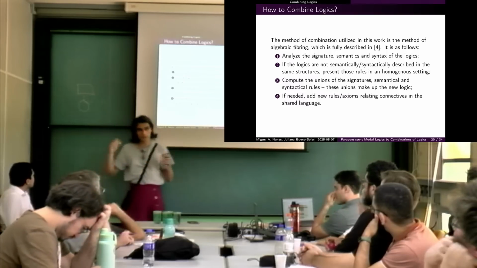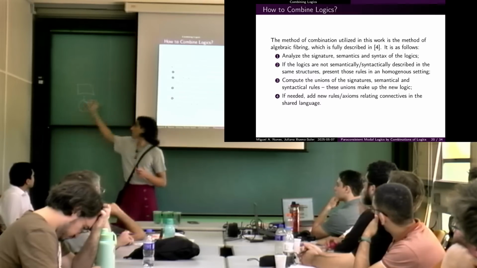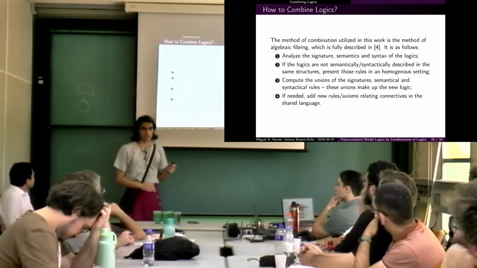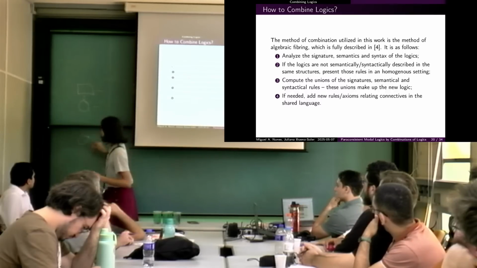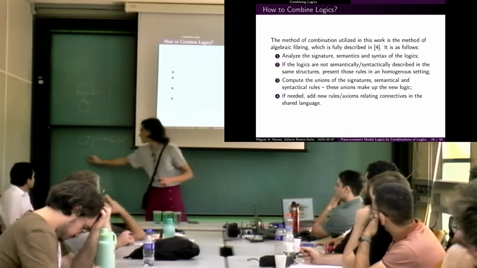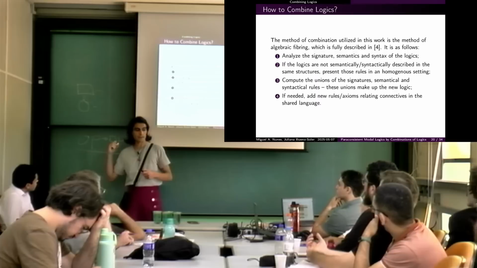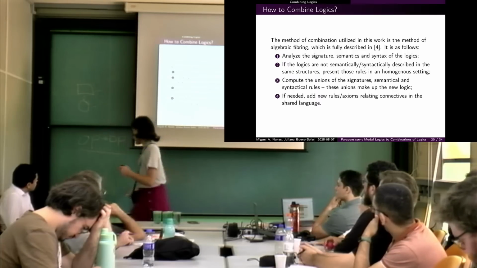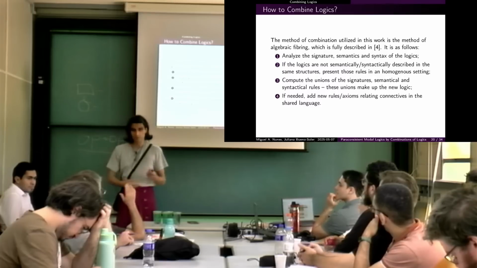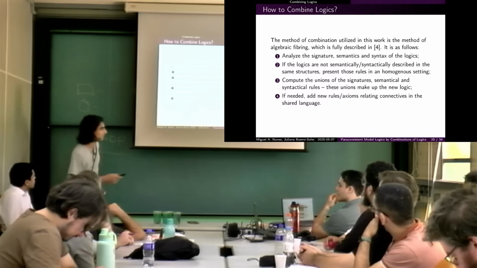There will simply be two connectives in the language, with all axioms for each. But if I want an axiom that relates the two, say, if P is consistent, then it is necessary, I need to add this to my axiomatization and add any corresponding semantic rule to the semantics of the logic. That's what we call a bridge axiom. Precisely, this will be called a bridge principle or a bridge axiom.